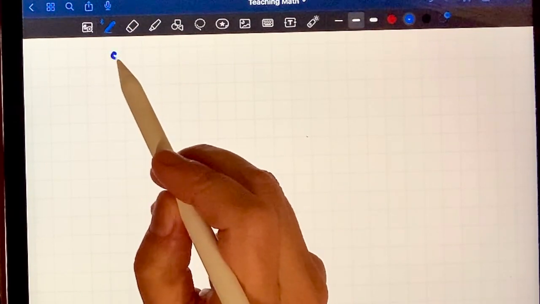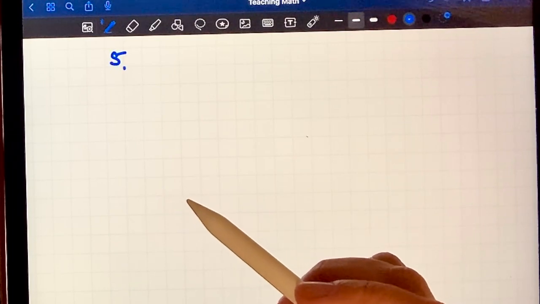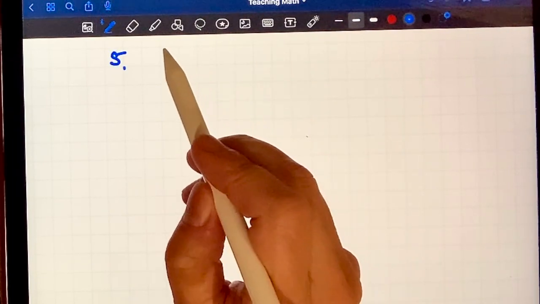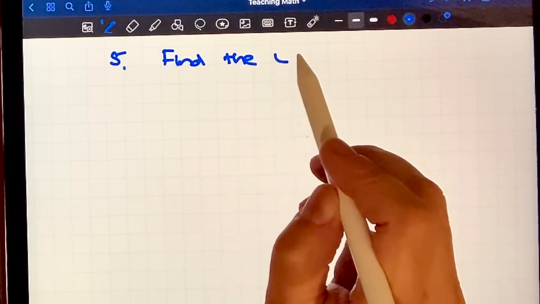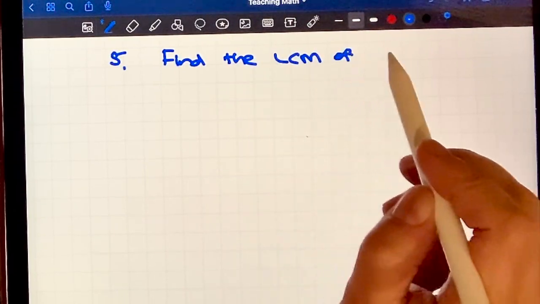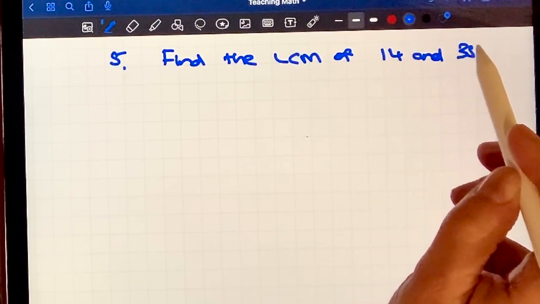And on to our last example, question number 5. We are being asked to find the LCM of 14 and 35.